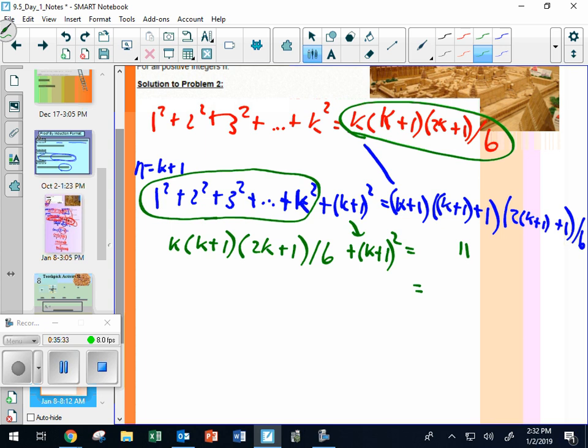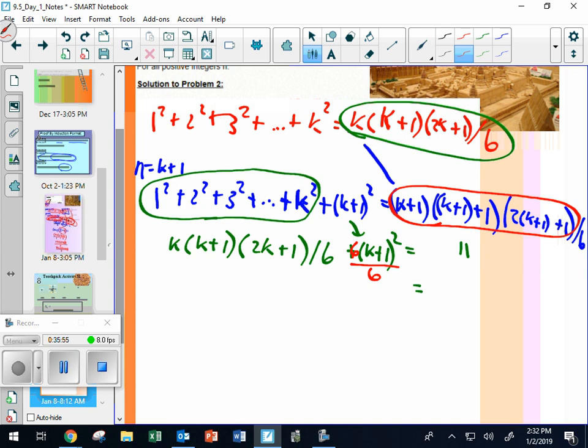All right, so my first thought is, it'd be nice if I had a common denominator, because this one, it's this whole thing over 6. And on mine, I don't have a common denominator. So I'm going to put this as a 6 over 6.